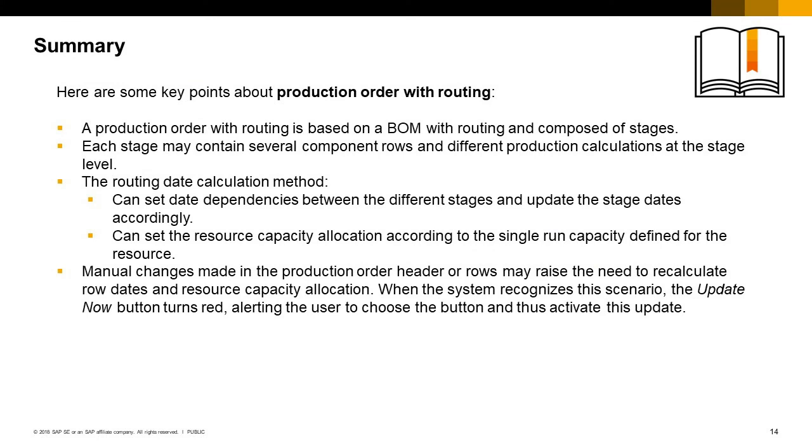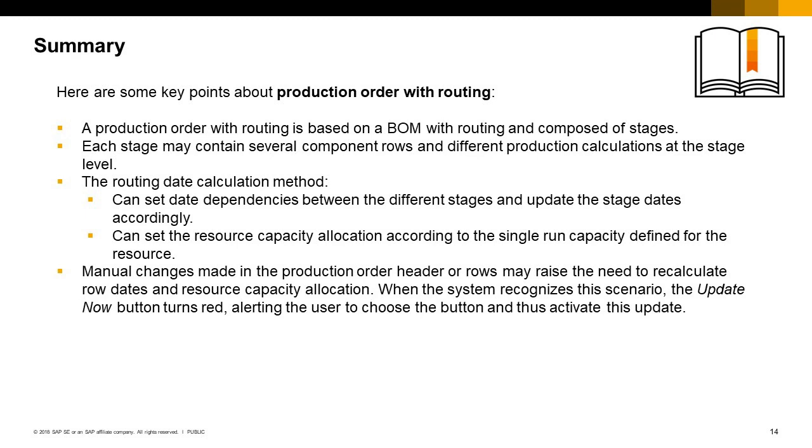Here are some key points about production order with routing. A production order with routing is based on a BOM with routing and composed of stages. Each stage may contain several component rows and different production calculations at the stage level. The routing date calculation method can set date dependencies between the different stages and update the stages' dates accordingly.